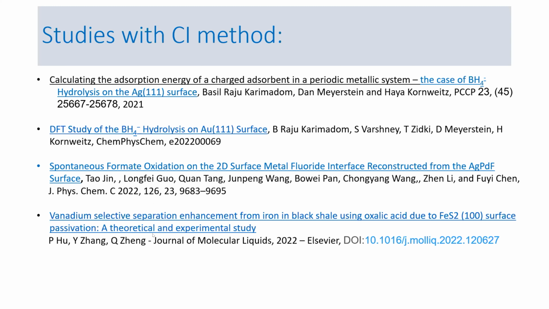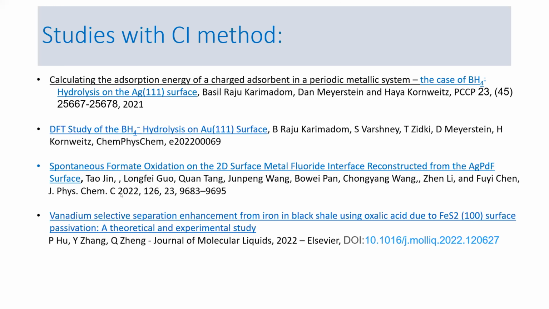We used this method to calculate the hydrolysis of borohydride on a silver surface, and in another manuscript we have done it to study the hydrolysis of borohydride on a gold surface.